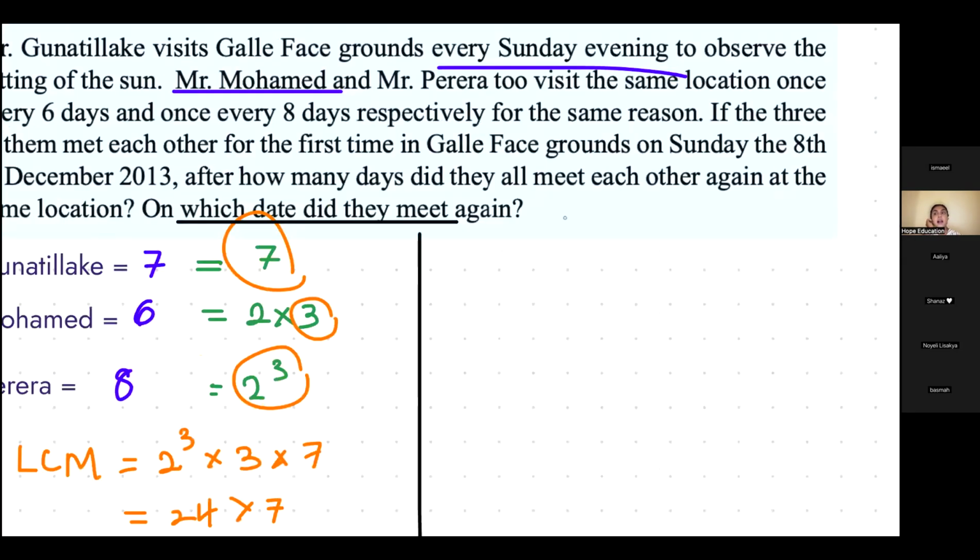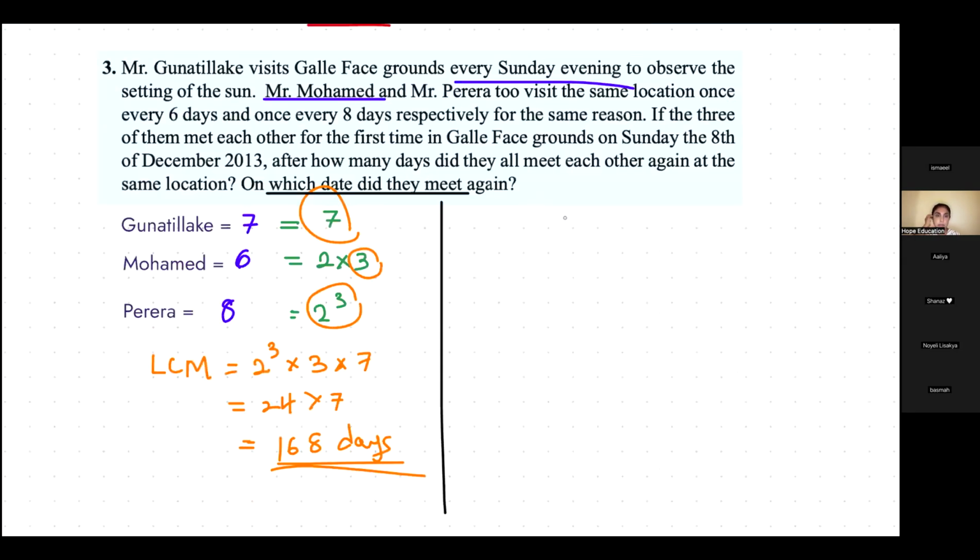Okay, so I think we have to count and see, right? We could take roughly 30 days for every month, but then we don't get the exact answer. From December 8th to January 8th, there's 31 days. January 8th to February 8th, another 31 days.